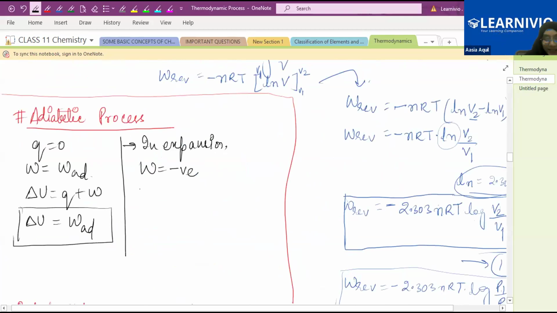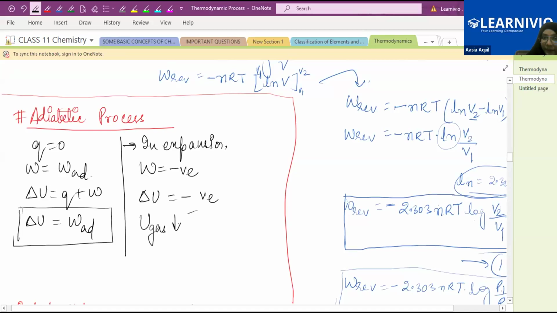So if work done is negative, what about delta U? Q is again 0, because we are just talking about the adiabatic process. So the heat is 0, and W will become negative. Because internal energy change is equal to the work, if work done is negative, then the internal energy change will also be negative. So the internal energy of the gas will decrease.